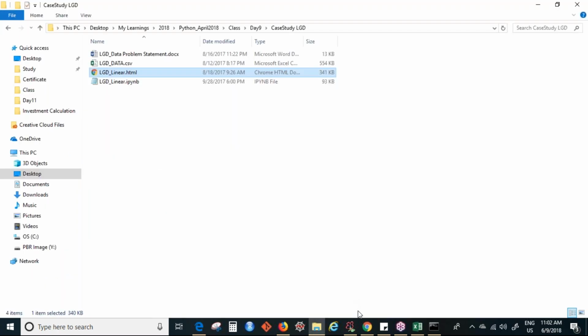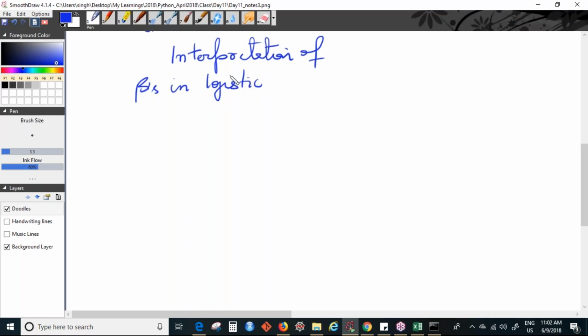Okay, now let us talk about one more thing which I missed, which is interpretation of the coefficients. So, interpretation of betas in the logistic regression model.